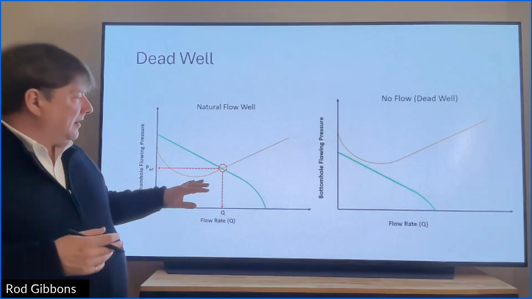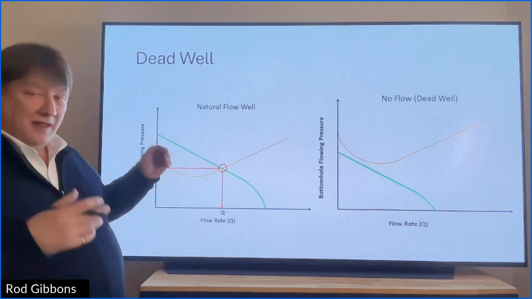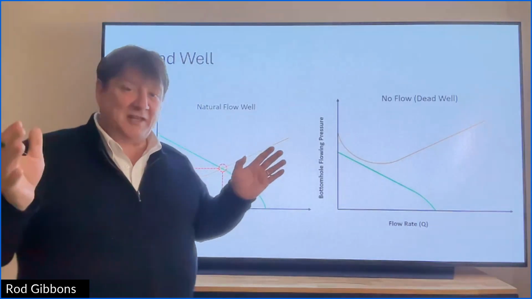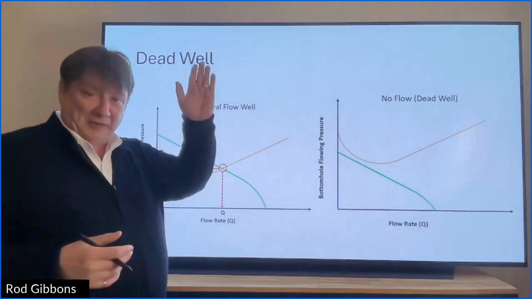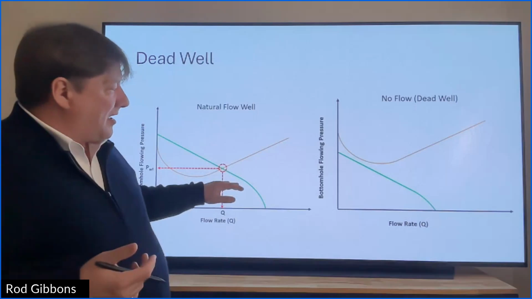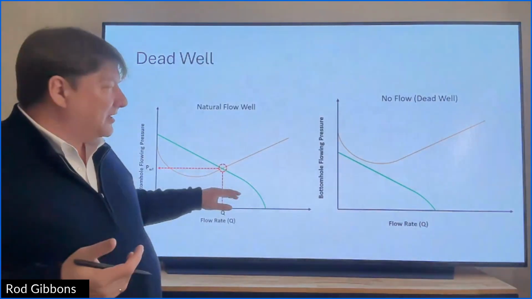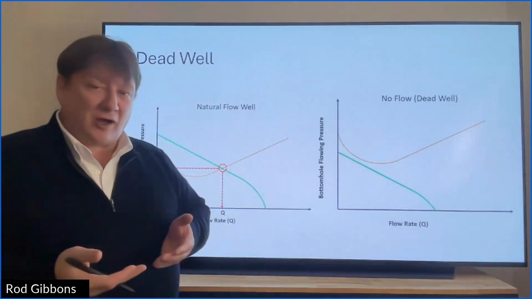And so if we're here, everything's going good. The well just continues to flow. Life's good. Oil comes into the well. Oil goes up the well. Where we get into issues is where there's no solution, where these lines don't cross.